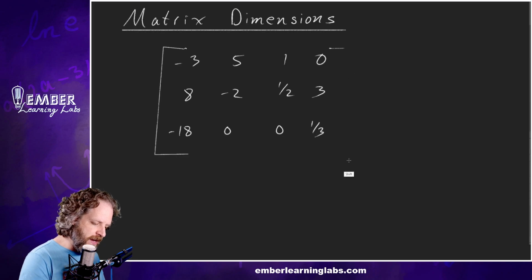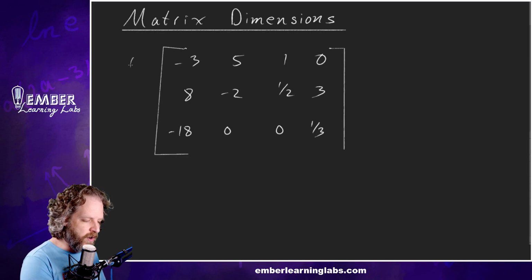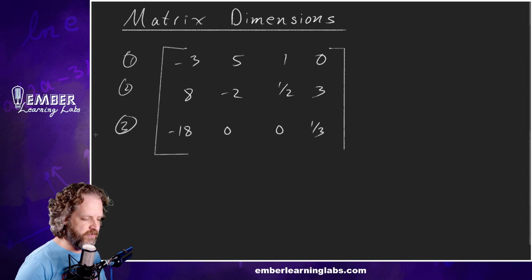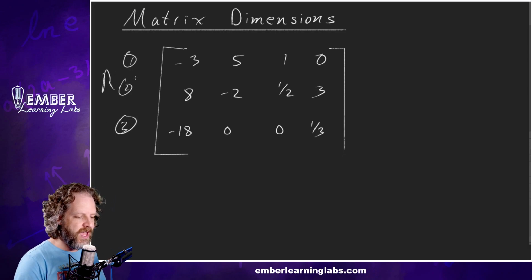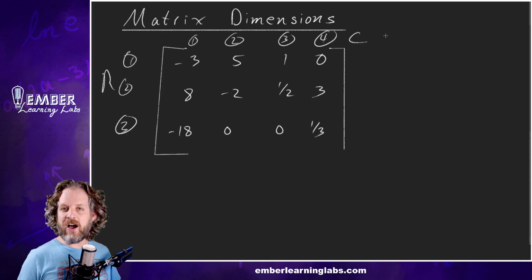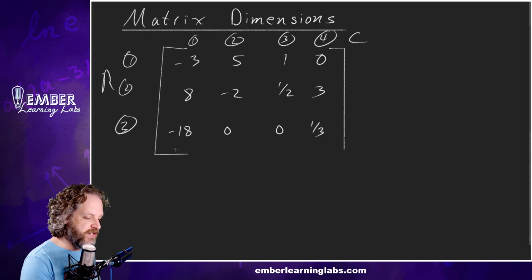So this matrix here has 1, 2, 3 rows. These are rows, right? And it has 1, 2, 3, 4 columns. And that is how we name the dimensions of a matrix.